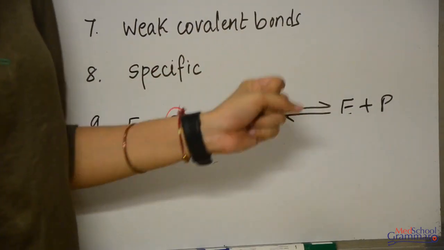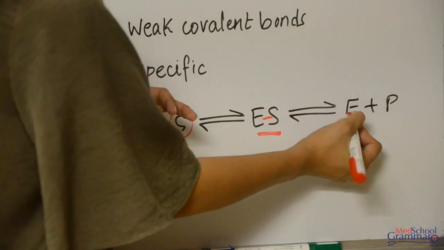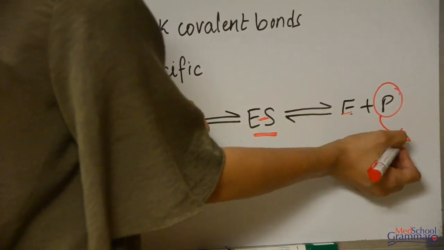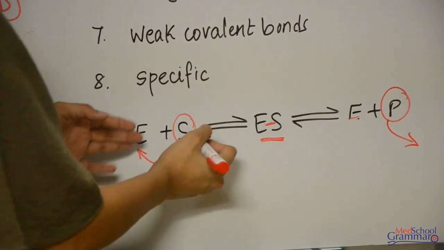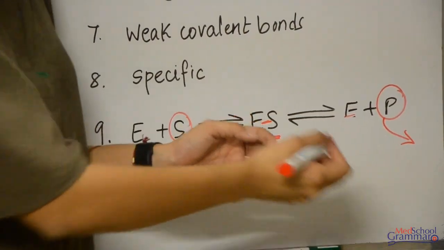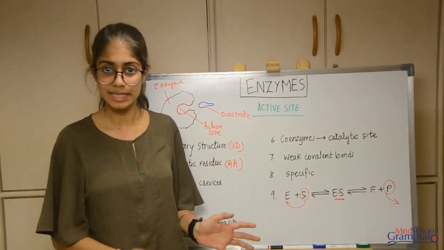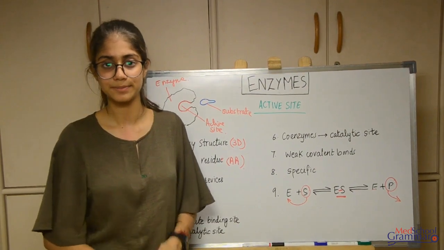Then at the catalytic site a catalytic reaction occurs and it forms enzyme and product. This product is then released, and this is how at the active site your substrate converts into product, right? So these are the salient features of your active site. So what we've covered here is active site.